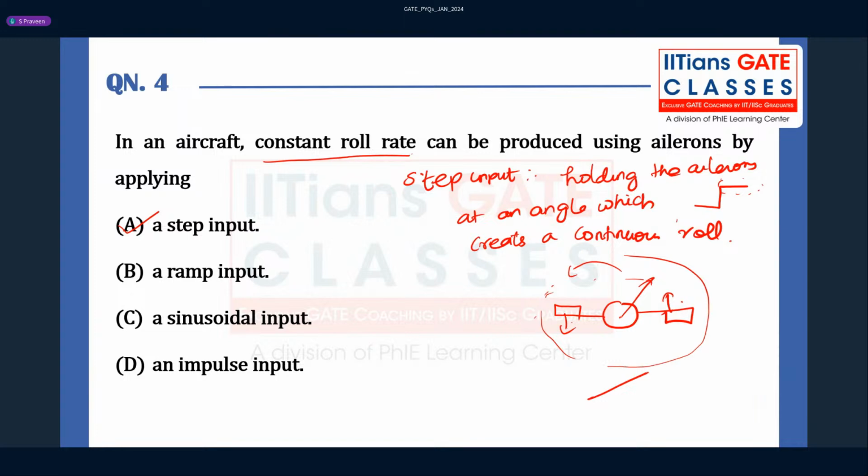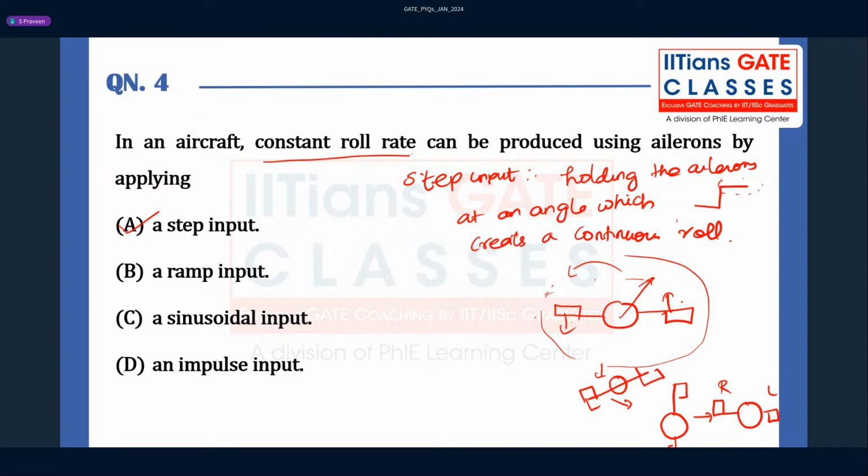So after some time the aircraft will attain a state like this, and after some time your aircraft will again come back like this. Now this is your right wing and this is left.